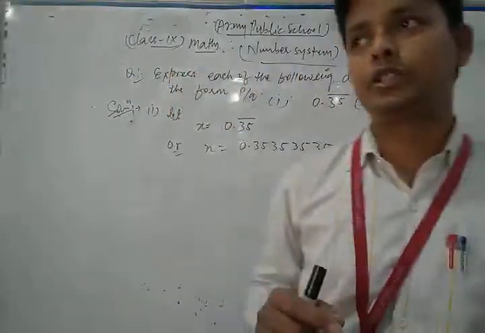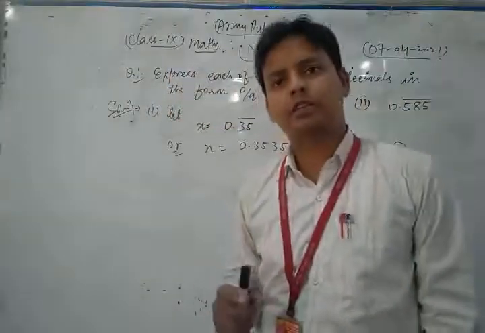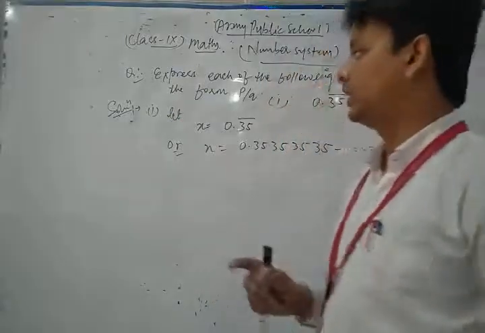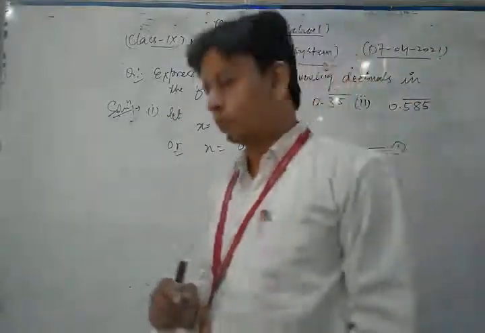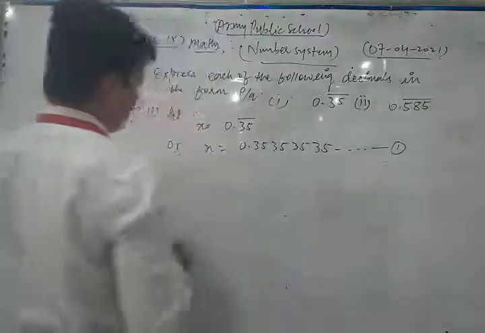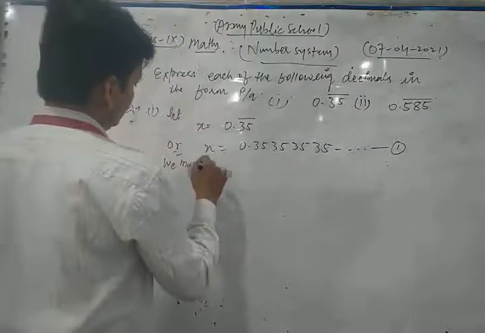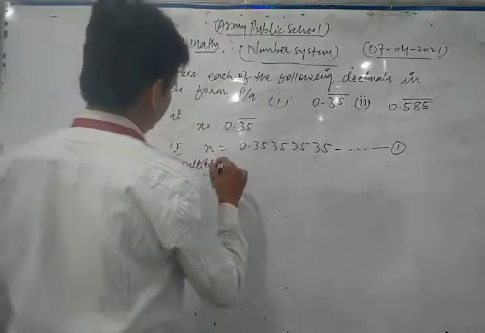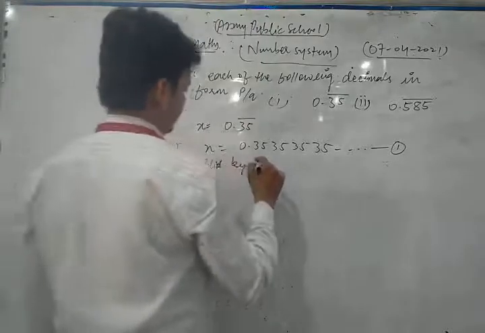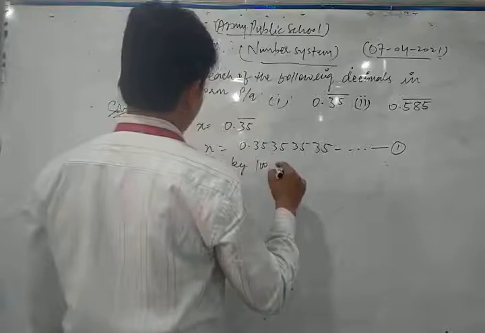If the number of digits having a bar is 3, then we multiply by 1000. Now for this question, we must multiply by 100.